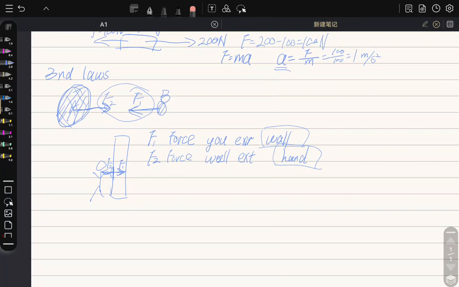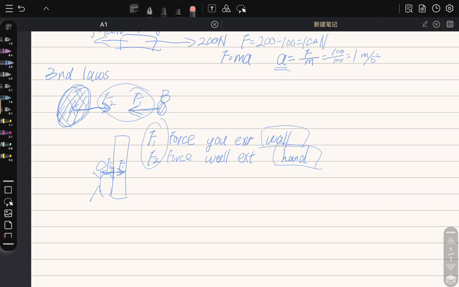Situation 2 is about a wall and our hand. If we push a wall, we give the wall a force, and the wall also gives us a force. The two forces are equal and opposite.